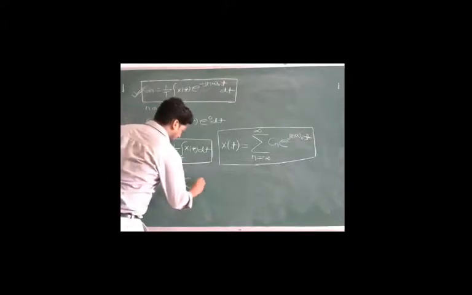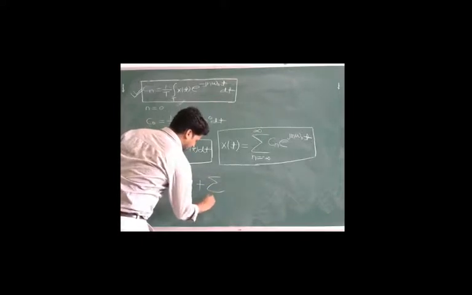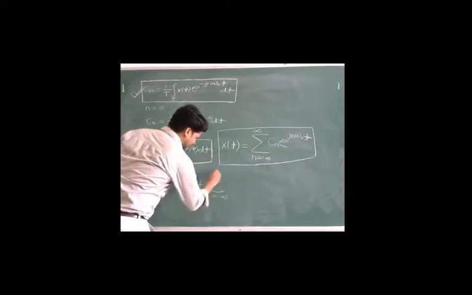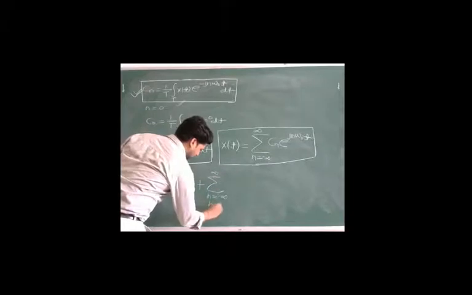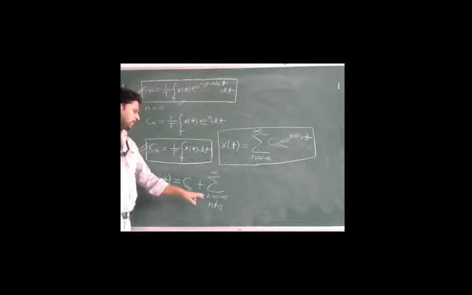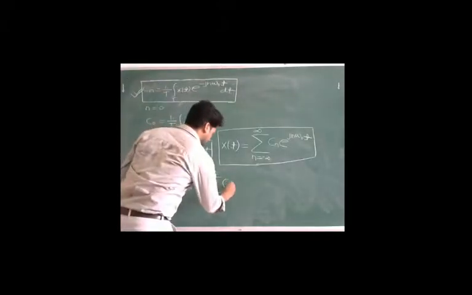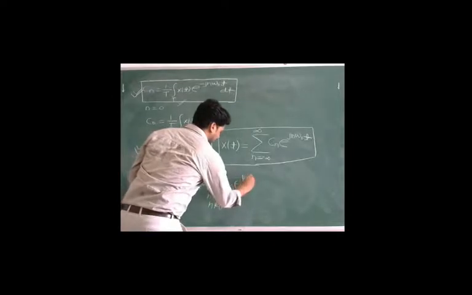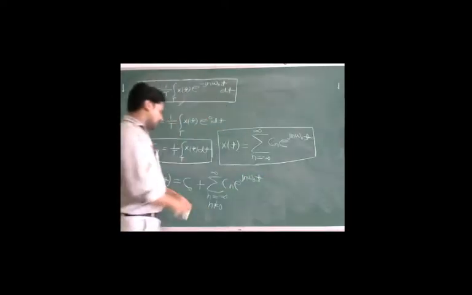First we put n equal to 0 to get C naught, then we write the summation with n from minus infinity to plus infinity, where n is not equal to 0, because C naught we already have and we do not have to put n equal to 0 here, of Cn e to the power j n omega naught t. This is another way of writing the Fourier series in the form of complex exponentials.